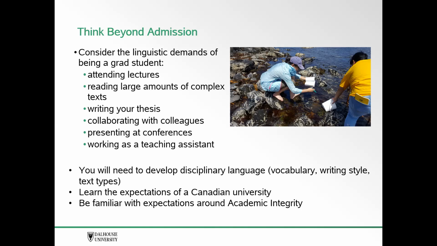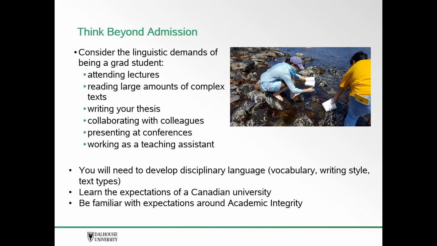The other thing to think about too is academic integrity. This is a big deal at Dalhousie and at all Canadian universities. These are the principles of academic honesty, of attributing and citing the sources you use, that you talk about and that you draw on in your research.